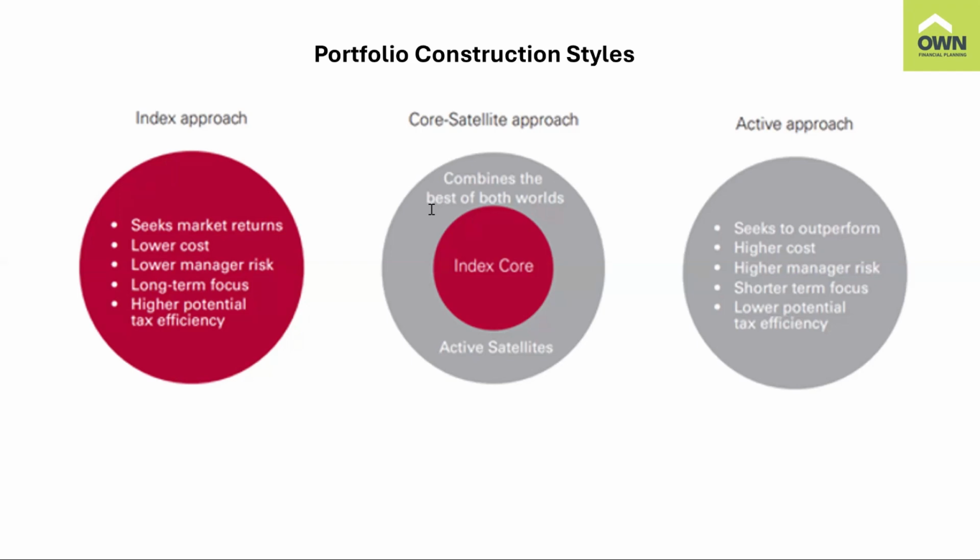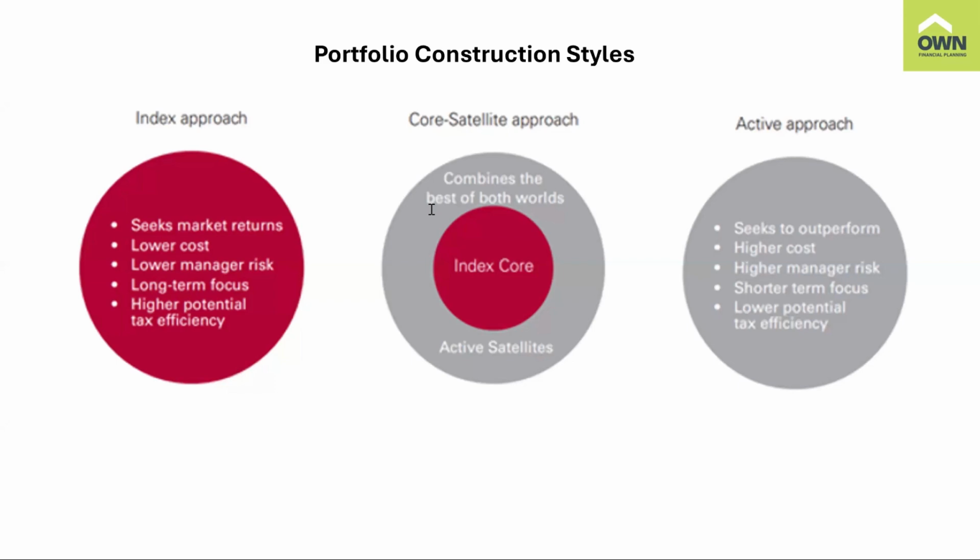Jumping to the right of the slide, the active approach is essentially seeking to outperform a chosen market. So, for example, an Australian shares active fund manager would typically be seeking to outperform the ASX 200. Active management provides for the potential to outperform a chosen index, and by default, this also means there are risks that it can underperform.